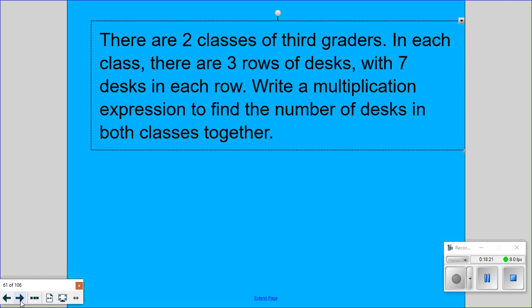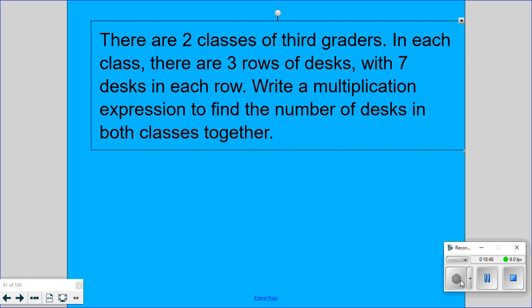What am I counting? This is a little tricky. You might want to read that one more time. I'll give you some seconds to read it through. Huxley, what am I counting? I'm counting desks.